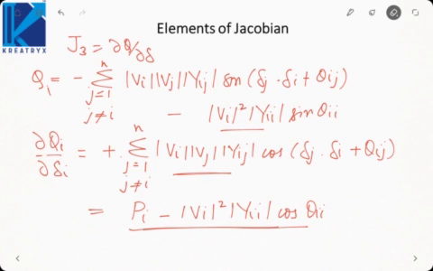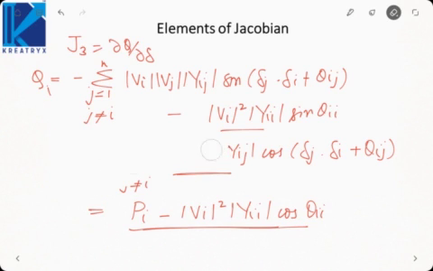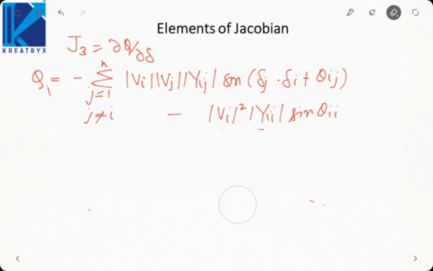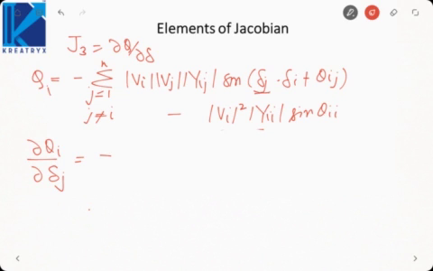Now if we wish to calculate the off-diagonal element, ∂Qi/∂δj, if we differentiate with respect to δj, the summation will go away because we are differentiating with respect to δj. Suppose we are differentiating with respect to δ1, it will appear in only one term.